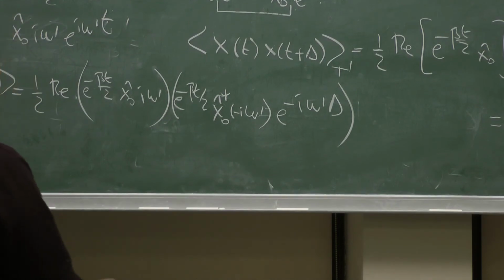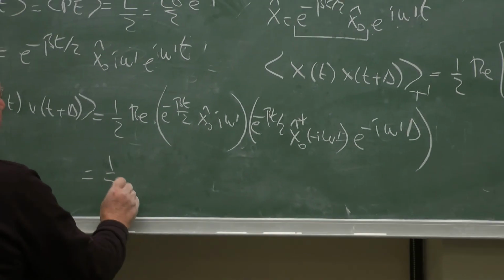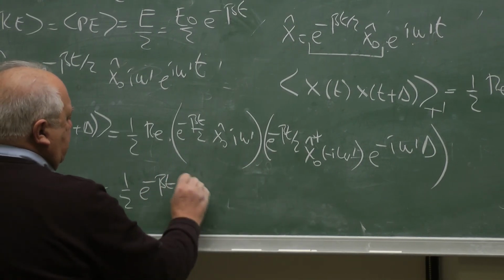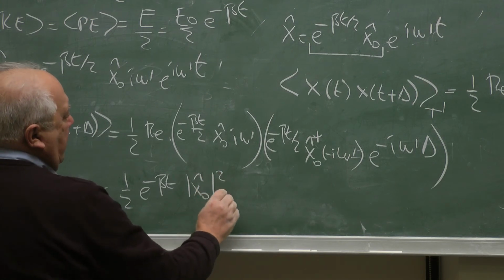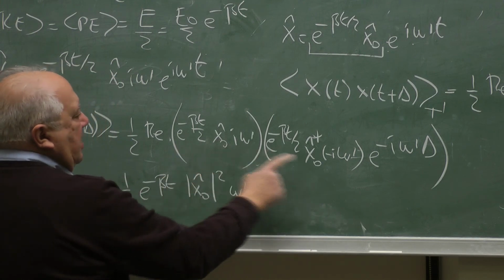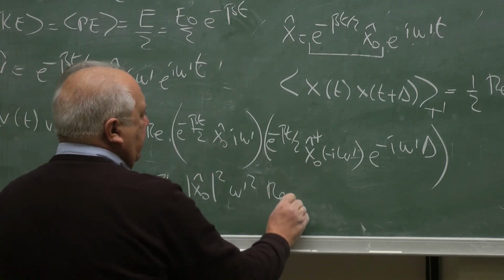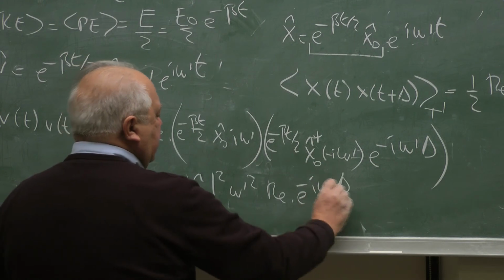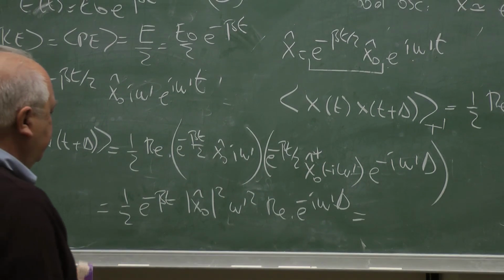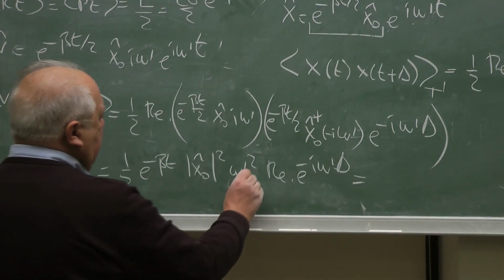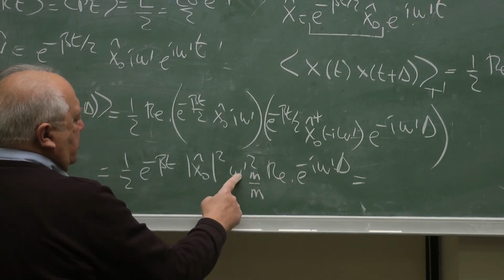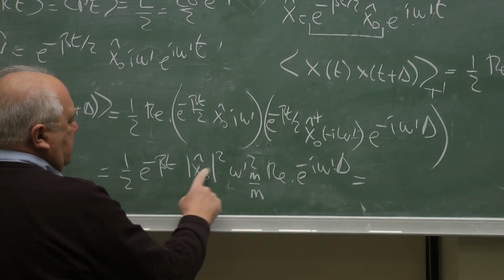So it equals 1/2 e to the minus beta t x0 squared omega prime squared. I and minus I is plus 1, then the real part of e to the minus I omega prime delta. Now, if I multiply this by m and divide by m, m omega prime squared is like m omega 0 squared, k, and this is E0.